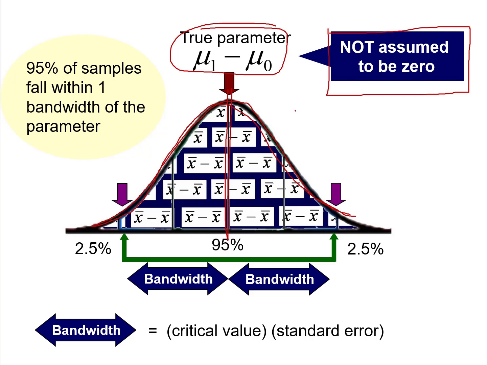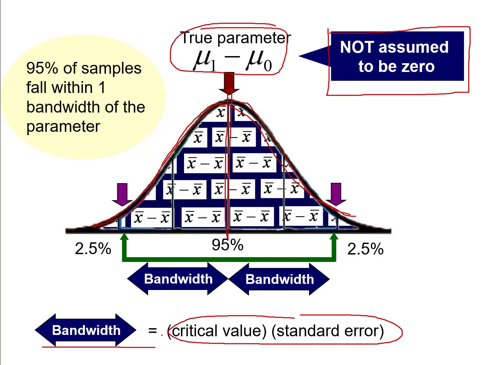However, if I look up a critical value for p less than 0.05 based on my sample size, on a t-table, and if I multiply that critical value by my standard error for my statistic, I will get this bandwidth. In other words, if my statistic is a mean difference, I would simply multiply the critical value times the standard error of mean difference to get my bandwidth.